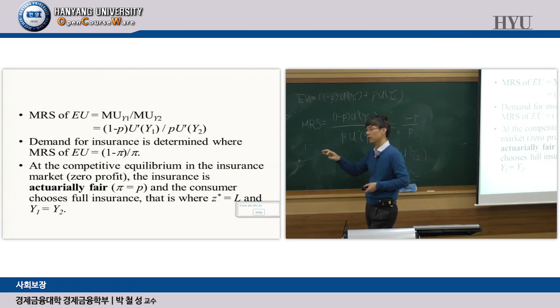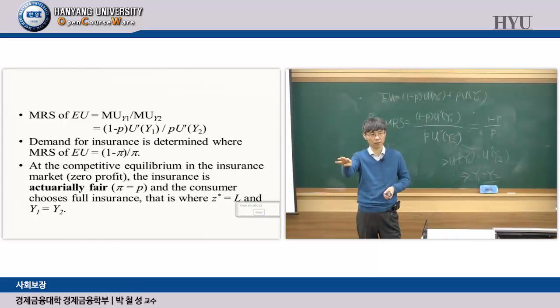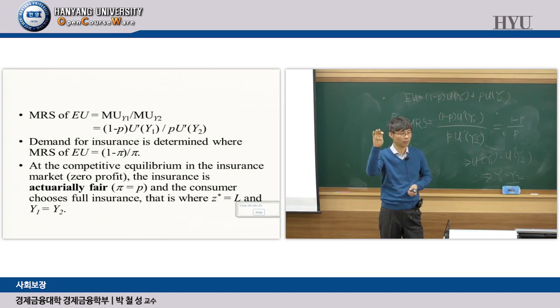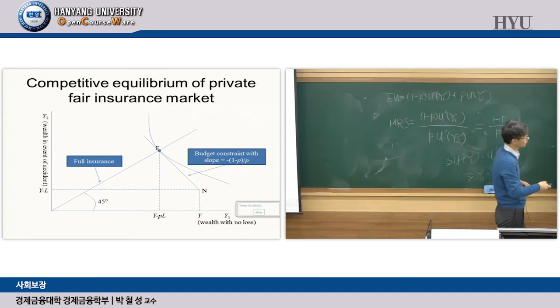That means in the perfectly competitive insurance market, the premium should be actuarially fair, which means pi equals p. In the market, if you're a risk-averse agent, you will choose to have full insurance. That's the standard theory.